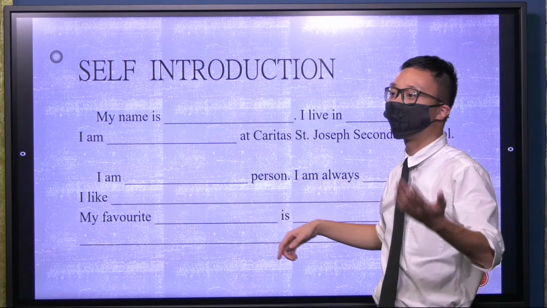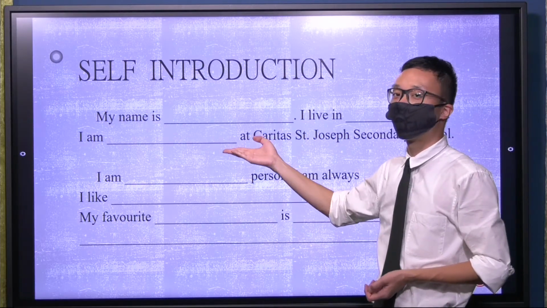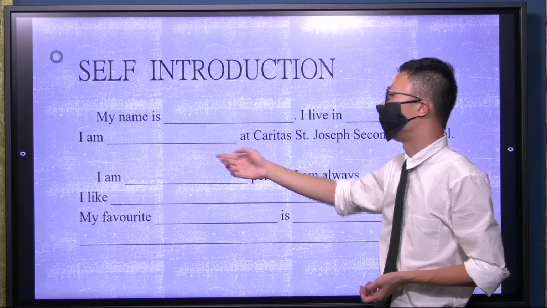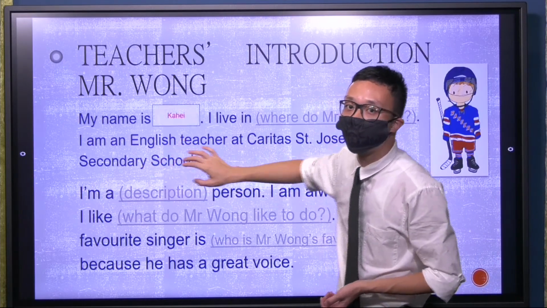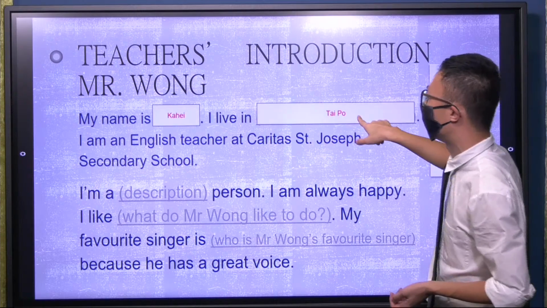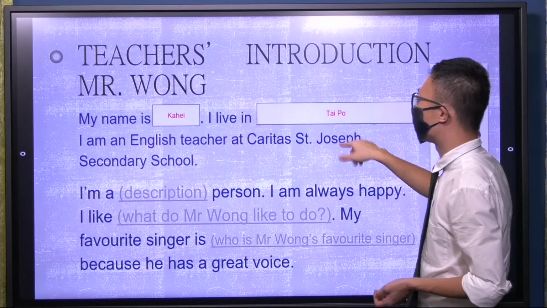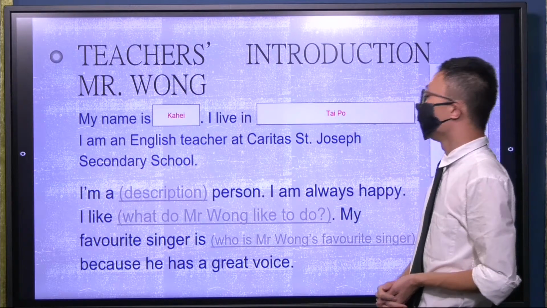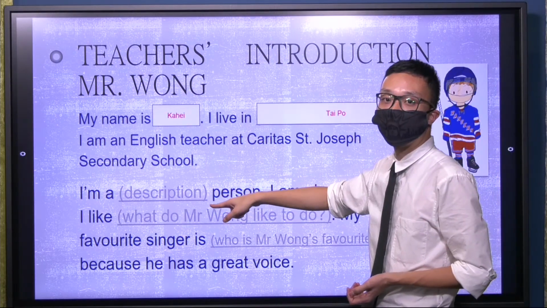Of course, if you have another duty, I wouldn't mind you putting it here. Just make sure here, for you, it is student, alright? So, I live in Tai Po. I am an English teacher at St. Joseph Secondary School.